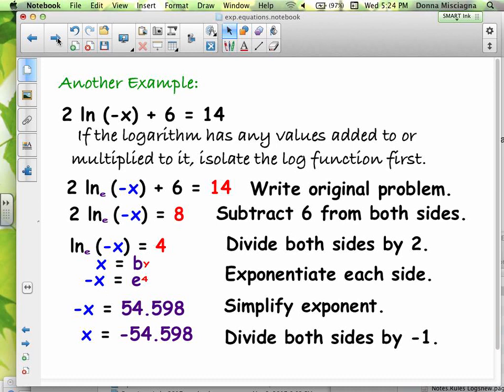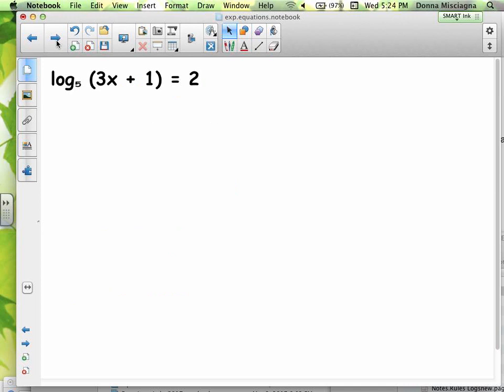X is negative 54.598. So once you've rewritten it, it's a calculator problem. It's just simple inverse operations and maybe a calculator. That's about it. The tough thing is making sure you rewrite it correctly, and I don't think it's that tough. I have utmost confidence in you.